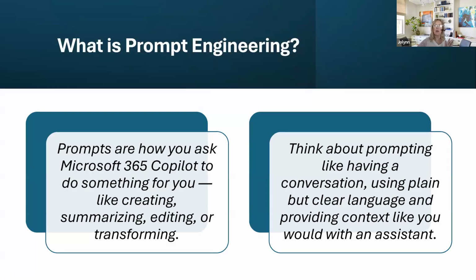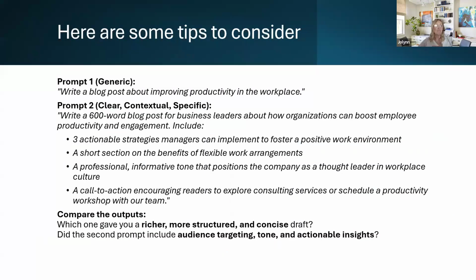So we want to be thinking about the objective of what exactly are we using Copilot for? What do we really want to be getting out of it? So a couple of tips to consider. And by the way, these are going to be listed in your handout that Macy was talking about at the beginning as well. But if we take a couple of prompts, which are the chats that we do with Copilot, the AI tool, and we look at different ways of entering that chat information.